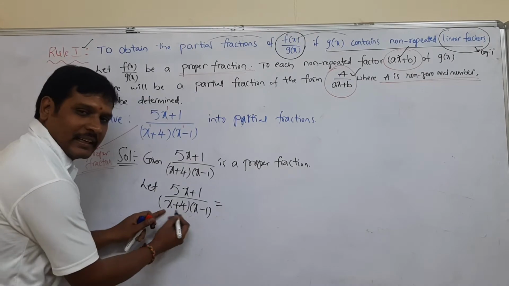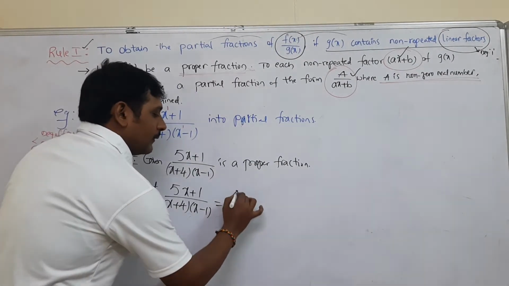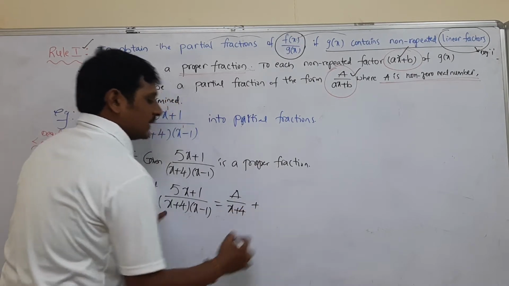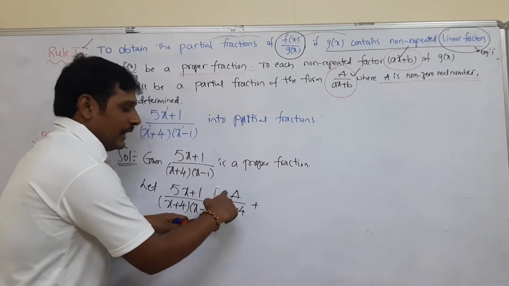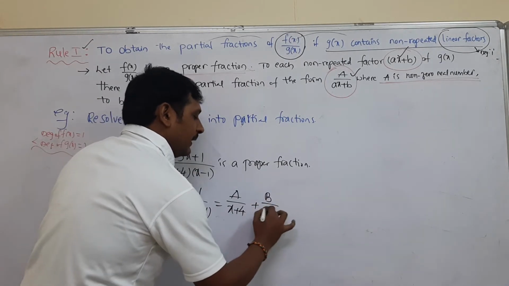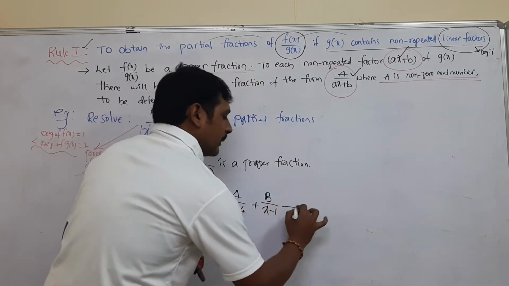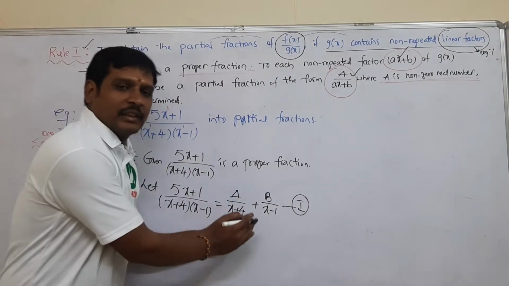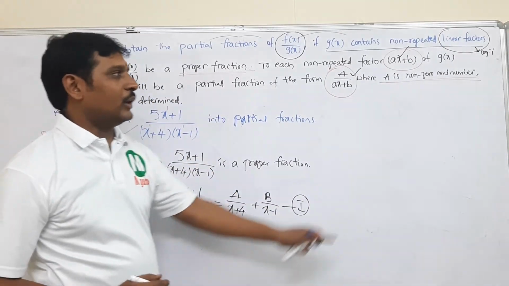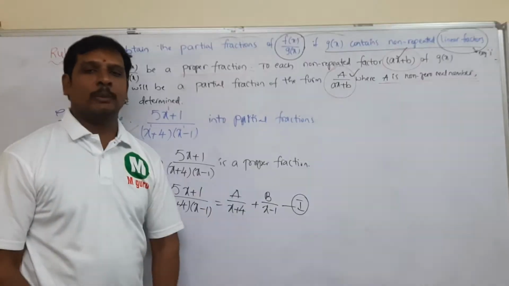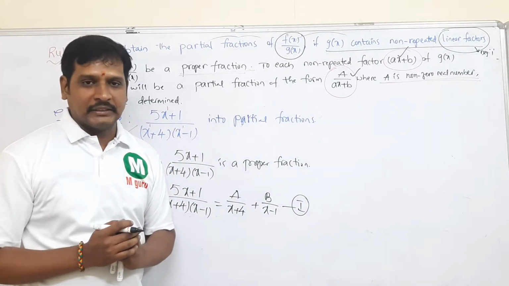So the first factor x plus 4: A by x plus 4, plus, for the second factor, since we have already taken letter A, we go to the next letter B: B by x minus 1. So these are the partial fractions of this. Now what we need to find are the unknown numbers A and B, which have to be determined to get the partial fractions.